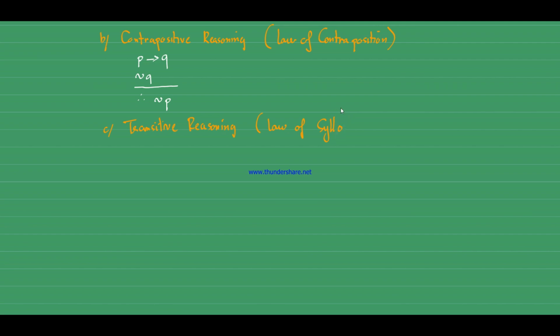This is the first time I use this word, because our textbook used this, while before, in the textbook I used, they called it transitive reasoning. This is the first time I've seen this word. Okay, so this is called the law of syllogism, and it goes like this. If you have P imply Q and Q imply R, then you have P imply R. There you go.